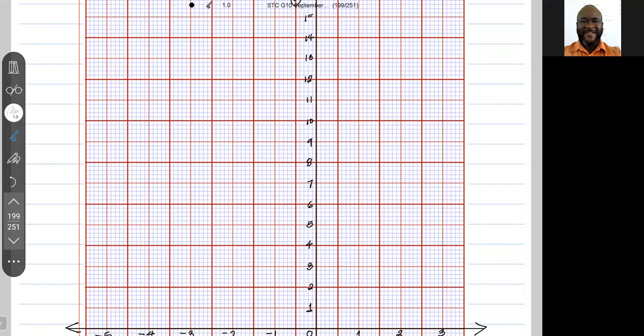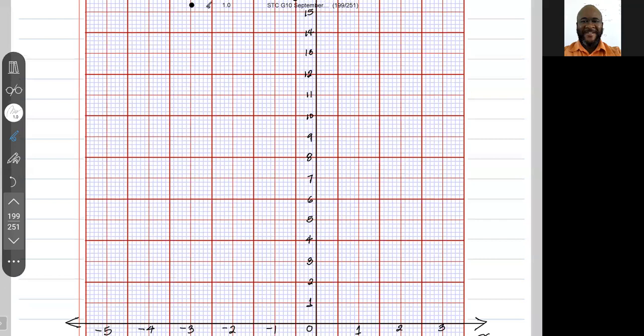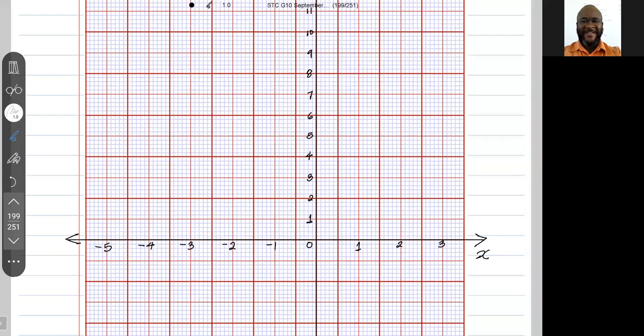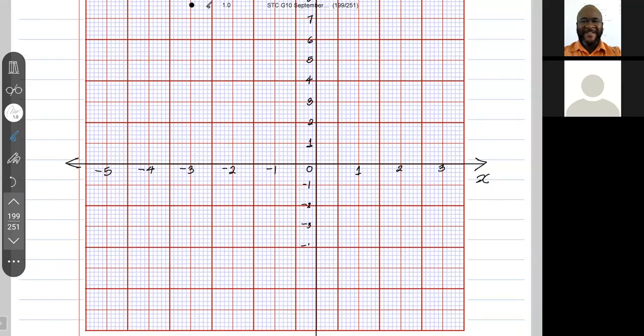I have plenty of space. Down at the bottom, it must go at least to -4. Still good. I have plenty of space. Let's start to plot our points.